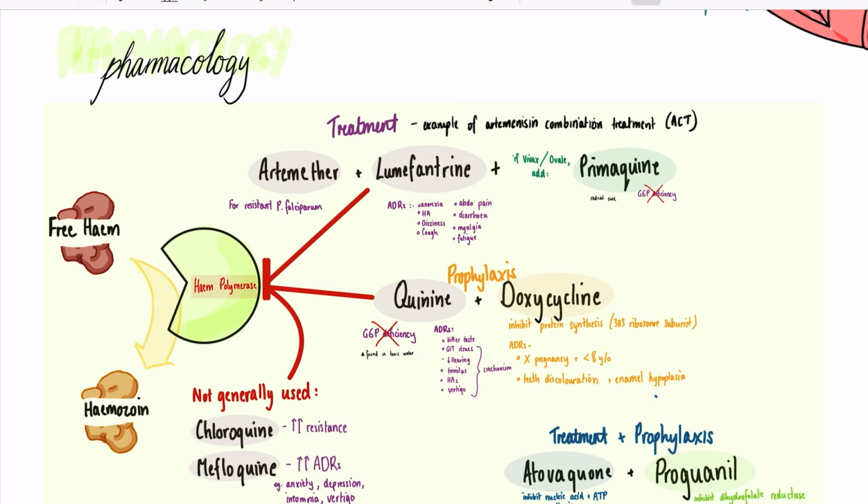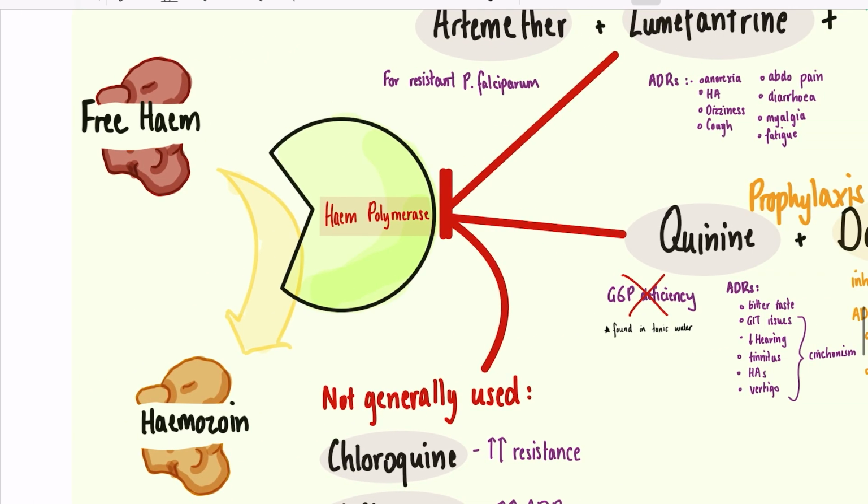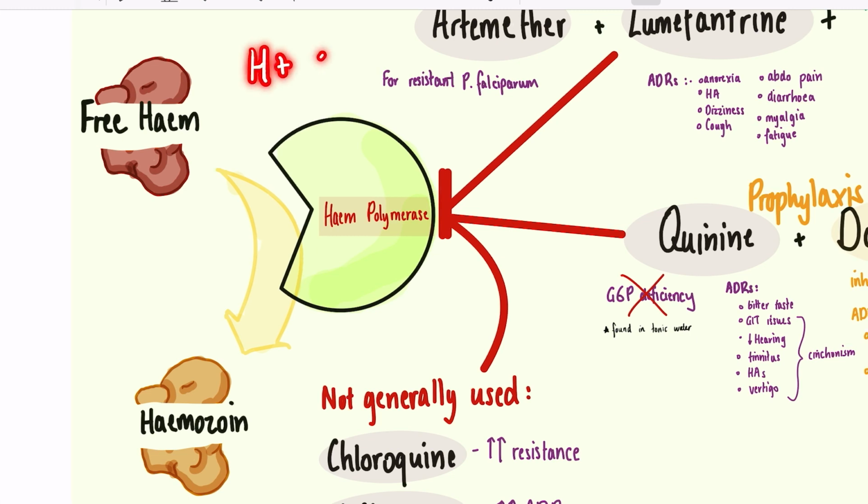So before we go into the actual pharmacology of malaria, I'm just going to quickly highlight this process that goes on inside erythrocytes that have been infected with Plasmodium. In erythrocytes, we have hemoglobin, which is made up of heme plus globin.